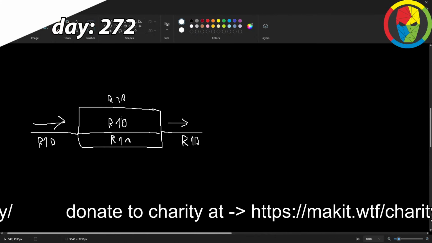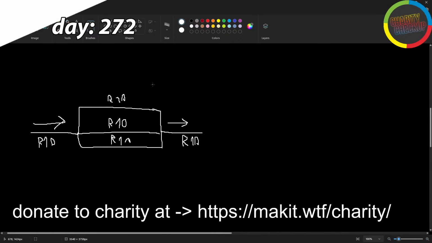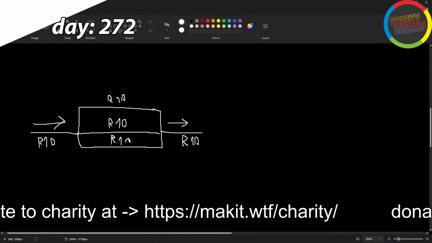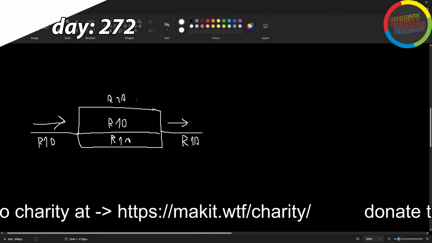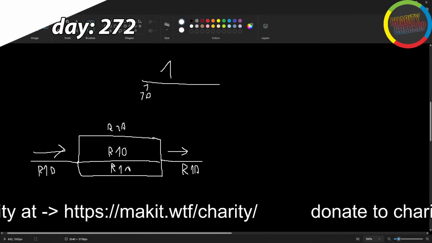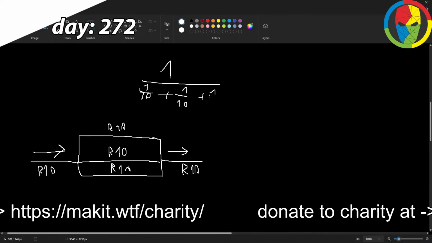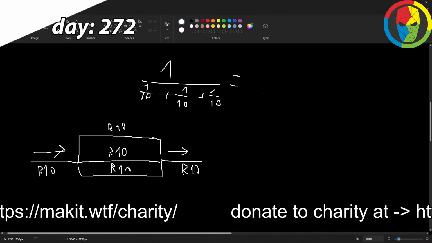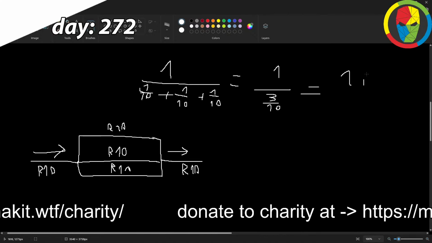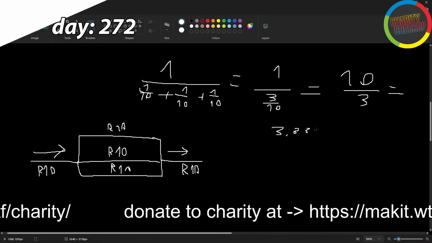And because of that, in reality, it's not what happens. If I remember correctly, the equation will look like this: 1/10 plus 1/10 plus 1/10, which would give us 3/10. 1 divided by 3/10 gives us 10/3, so 3.3333.